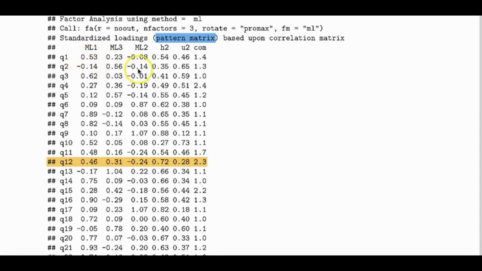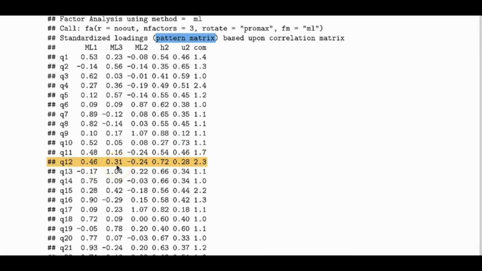Same for question 2. So it loads negatively in factors 1 and 2, but on the third one, it's loading pretty well. The cutoff that we're looking for here is anything above 0.30. If it's above 0.30, then it definitely needs to be considered to be in that factor. So I highlighted an item that I thought could be potentially problematic, which is question 12. And here it's about 0.30.